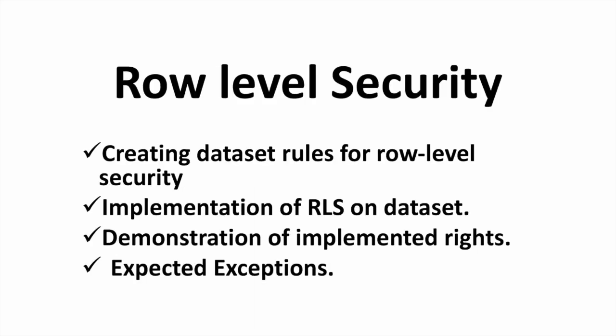There are three basic processes we need to follow for row level security. The first one is creating the dataset rules for row level security. I will elaborate on it in detail after this slide.